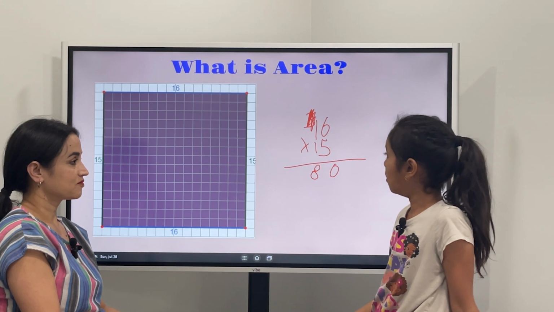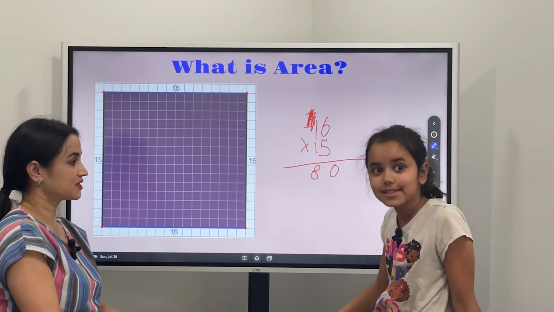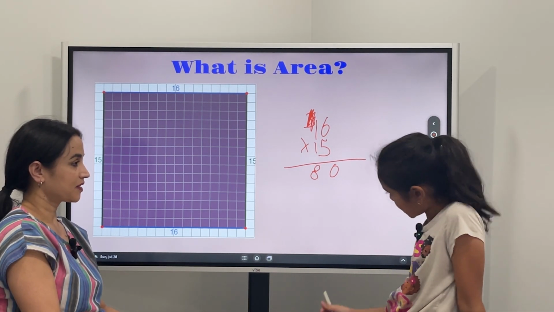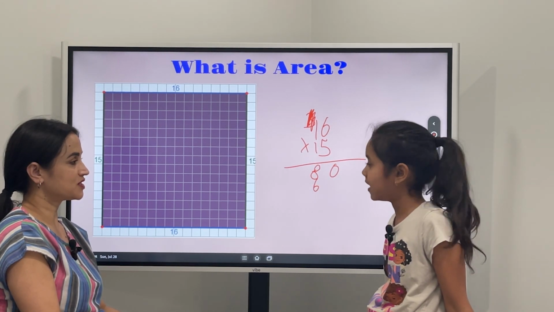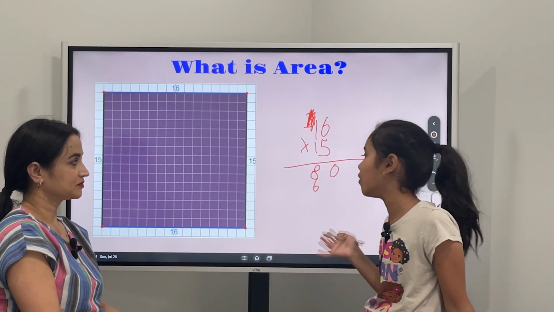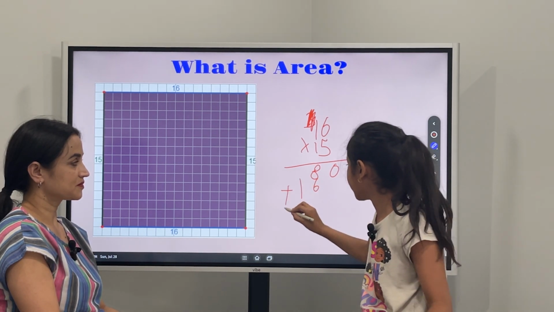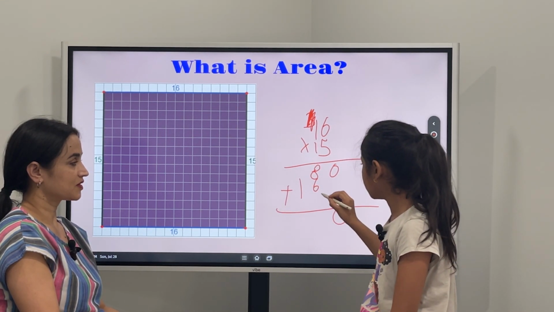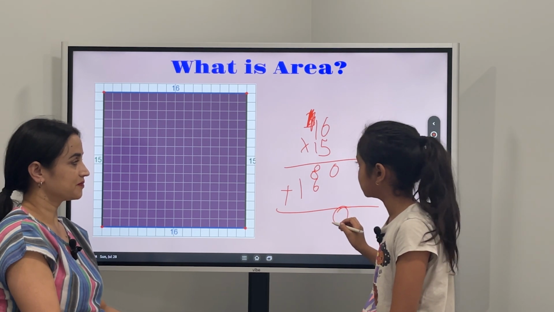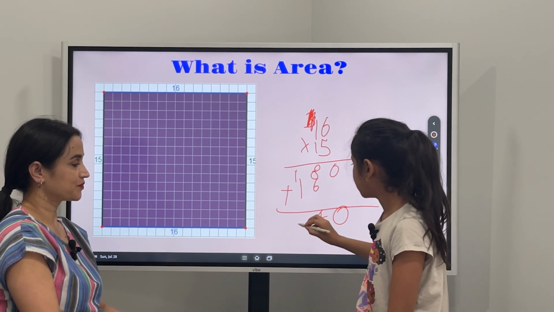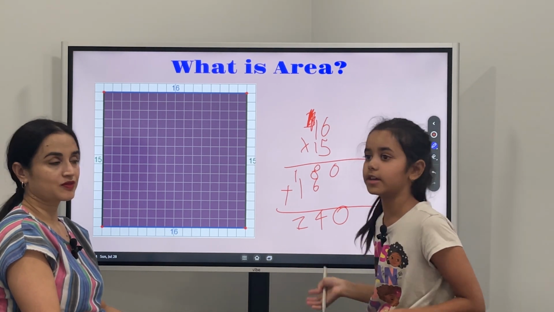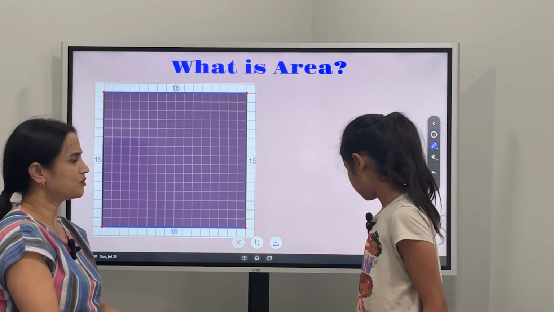And then 1 times 6, which is 6, and you put it right under here. And then 1 times 1, which is 1, comes right here. Then you add it. So this is 0, this is 14, and that will be 2. So 240. Good.